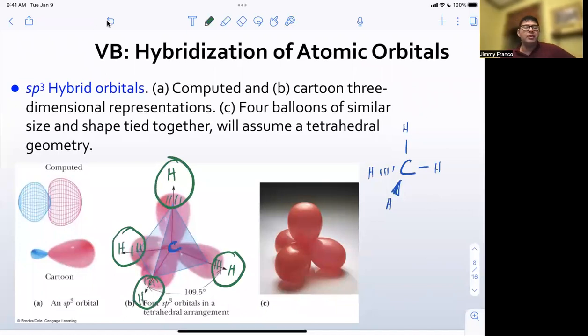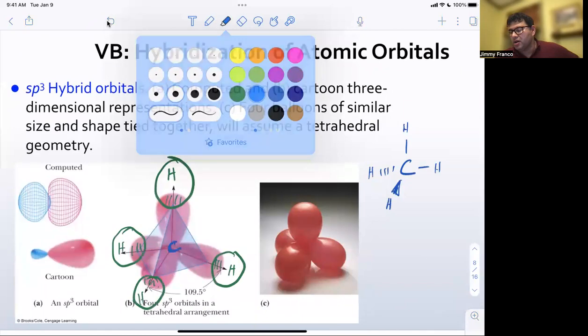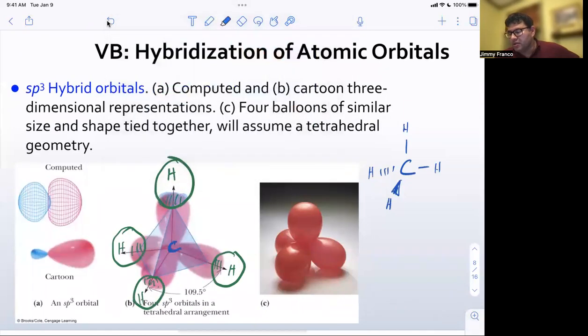And so those hybridized orbitals are what makes the bonds to the next atom, whether it's a hydrogen or a carbon, but we're going to make the orbitals overlap between the two different atoms, right? So regardless of what they are, in this case, it's hydrogen, there'll be some overlap. And this is how we know that there's this hybridization, is that all four of those bonds look exactly the same.